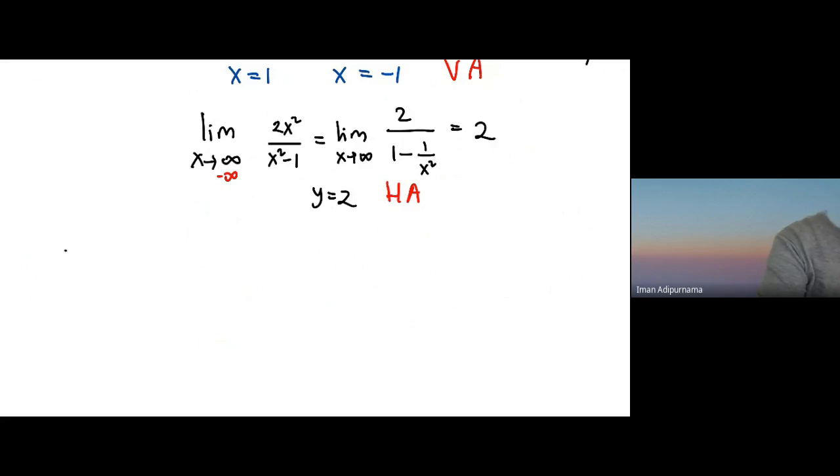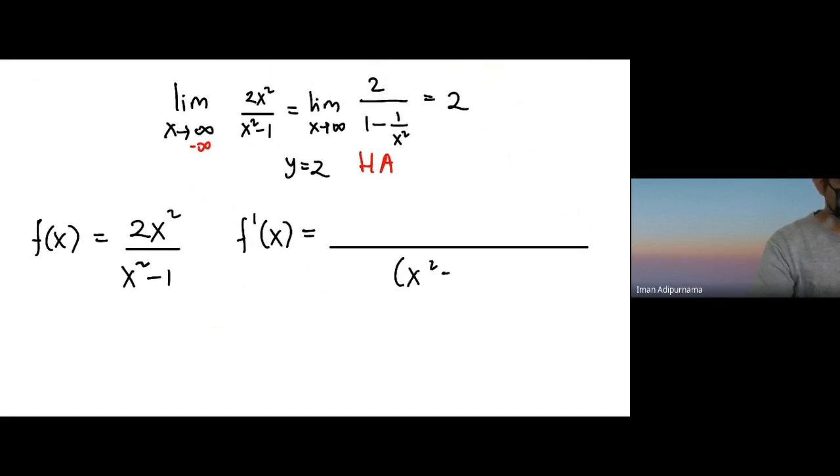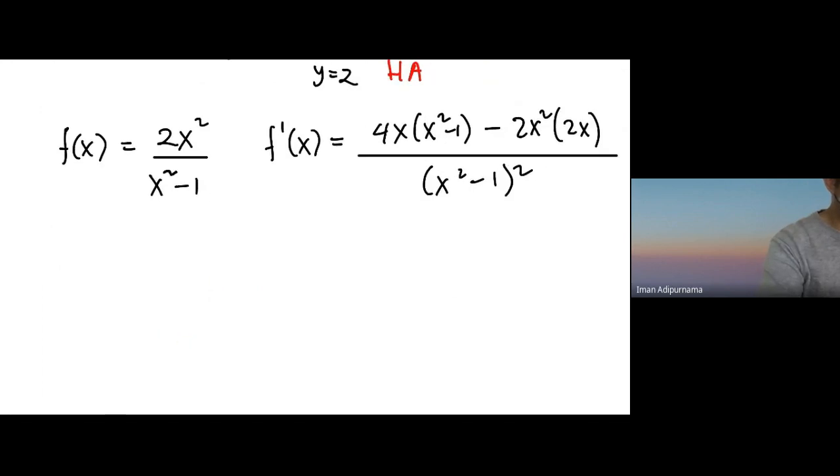Okay, first, let me write the function again. 2x squared over x squared minus 1. You can use the quotient rule directly: x squared minus 1 squared in the denominator, and then the numerator is 4x times x squared minus 1 minus 2x squared times 2x. But you can also change this to 2 plus 2 over x squared minus 1.